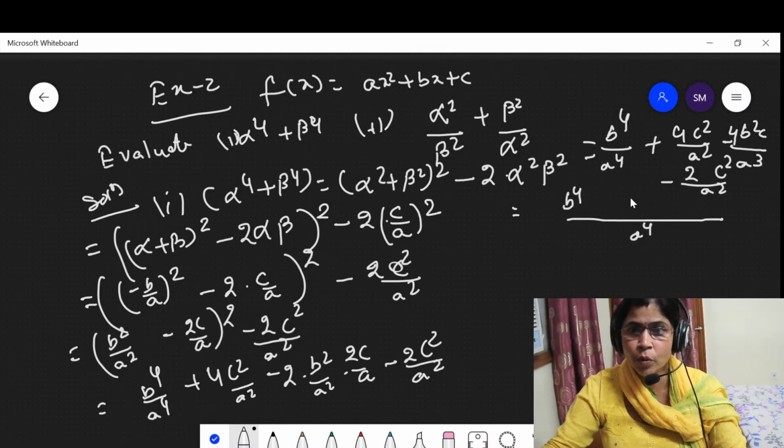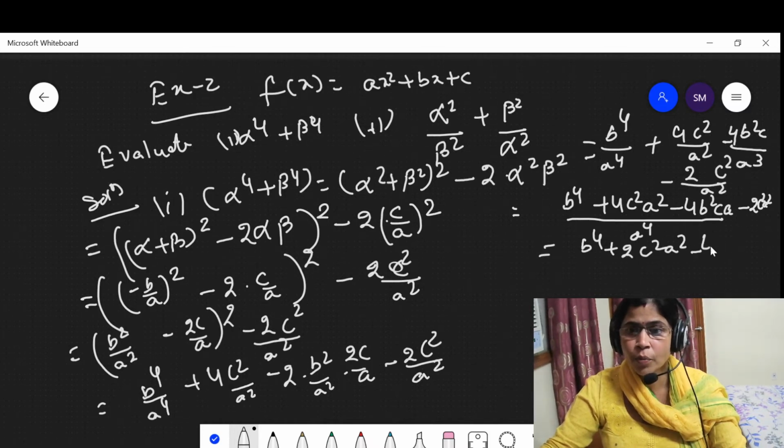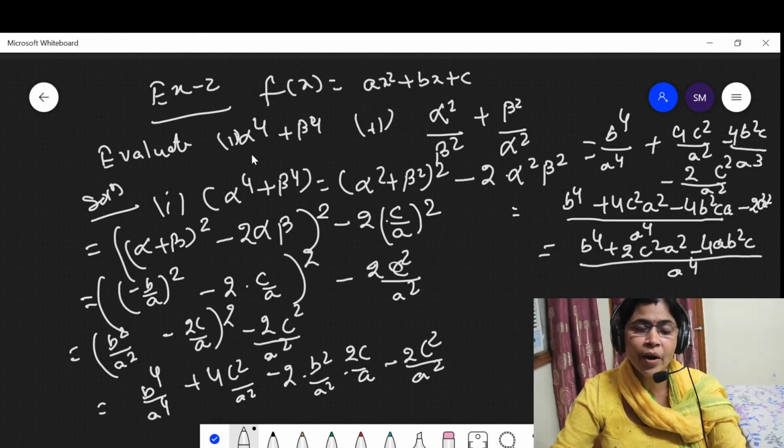Then this is b fourth plus 4c square a square minus 4b square c a minus 2c square a square. Then here 4c square minus 2c square, this is b fourth plus 2c square a square minus 4ab square c upon a fourth. Then the value of alpha fourth plus beta fourth is this.